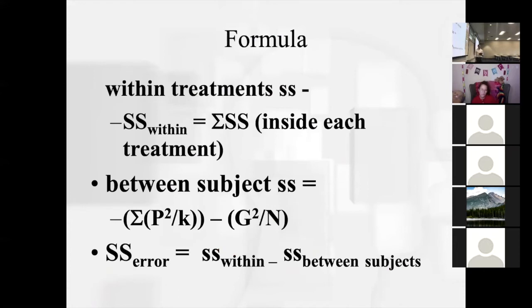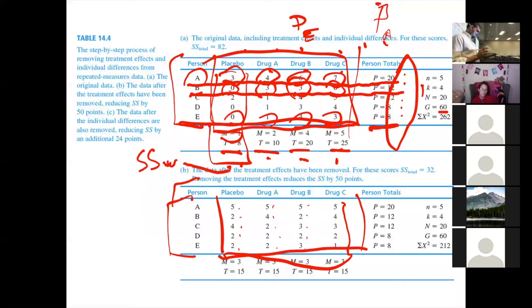The within treatment sum of squares, again, is not new. It's just all of those sums of squares for each treatment condition added together. And so we get a sum of squares for placebo.